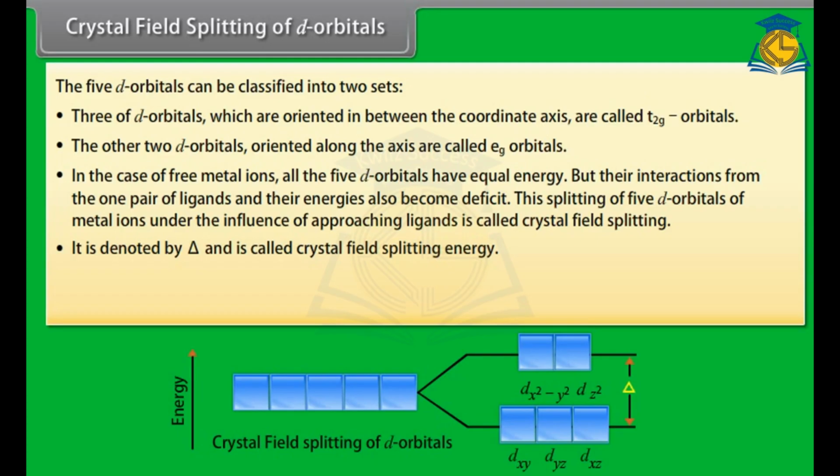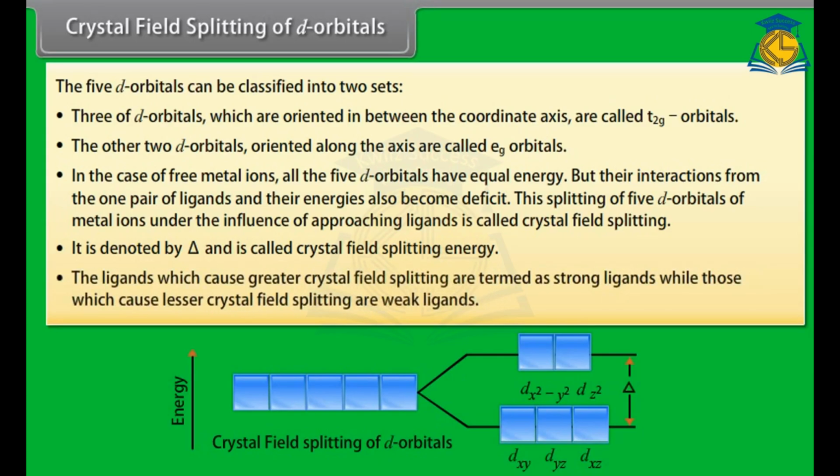It is denoted by delta and is called crystal field splitting energy. The ligands which cause greater crystal field splitting are termed strong ligands, while those which cause lesser crystal field splitting are weak ligands. Crystal field splitting in octahedral and tetrahedral complexes.